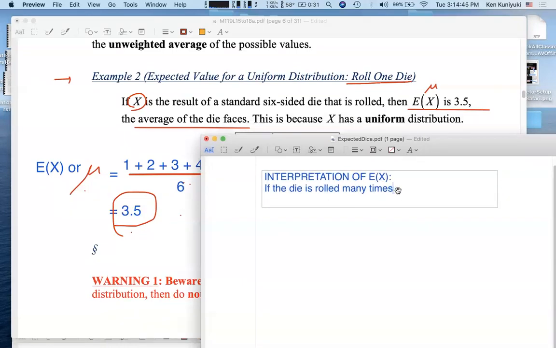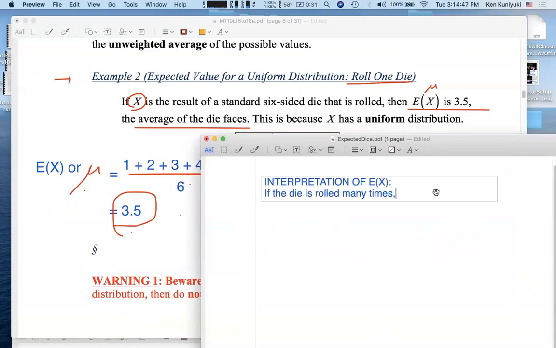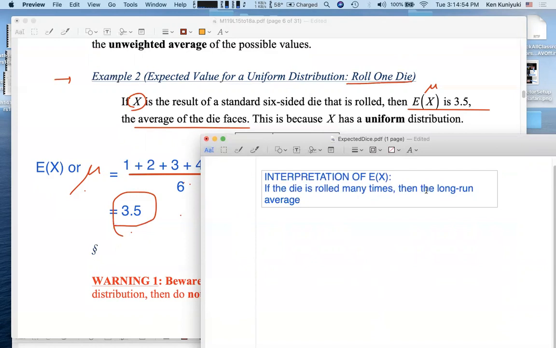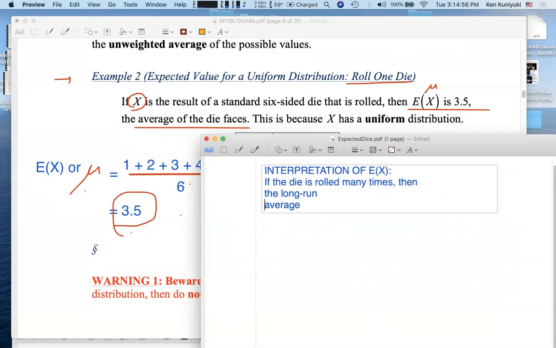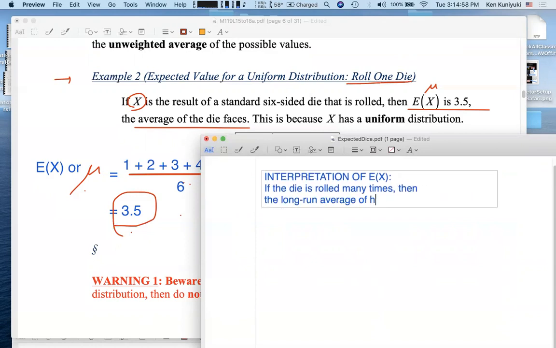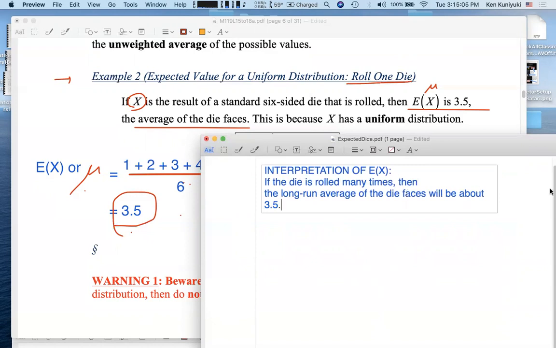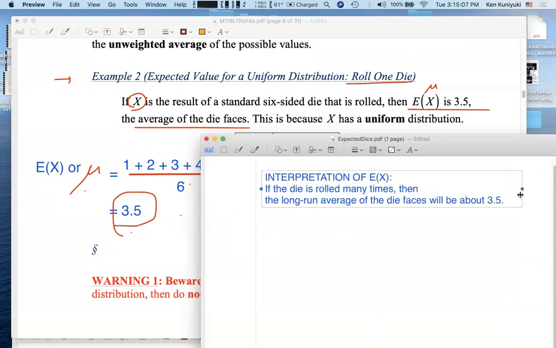If the die is rolled many times, then the long run average of the die faces will be about 3.5. So if the die is rolled like 1,000,000 times, then the average of the die faces will be pretty close to 3.5, we would think.